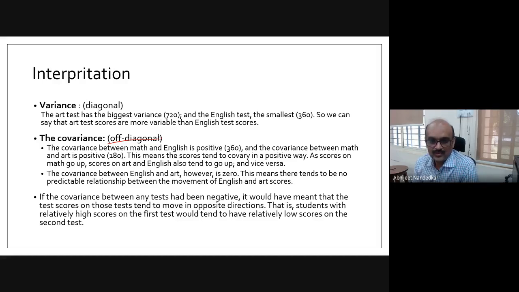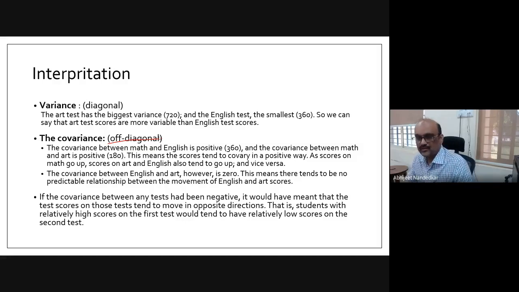If the covariance between any two tests had been negative, it would have meant that the scores on those tests tend to move in opposite direction. That is, a student with relatively high scores on first test would tend to have relatively low scores on second test.